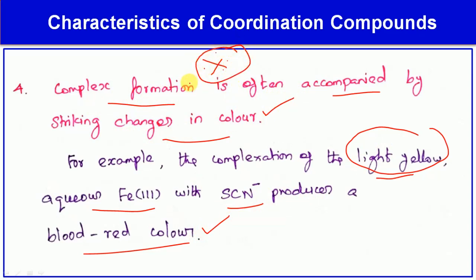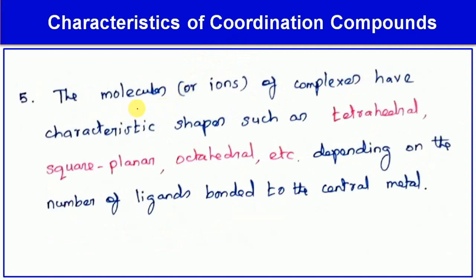And next point, fifth one. The molecules or ions of complexes have characteristic shapes such as tetrahedral, square planar, octahedral. Tetrahedral we can see in nickel tetrachloride.